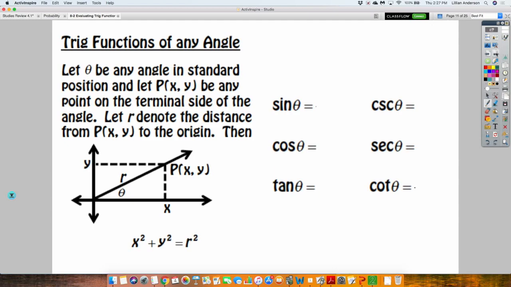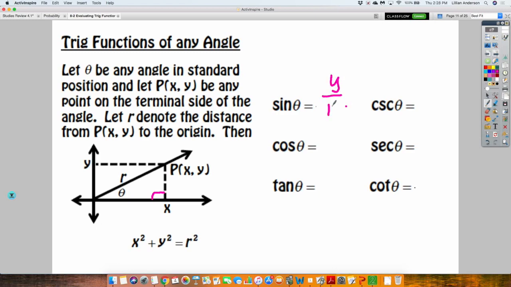X is the horizontal distance that the point is away. Y is the vertical distance. And R basically is our hypotenuse in this right triangle. So in terms of this, sine of our angle, it's not opposite over hypotenuse, but Y over R. Does everybody see what I did there?